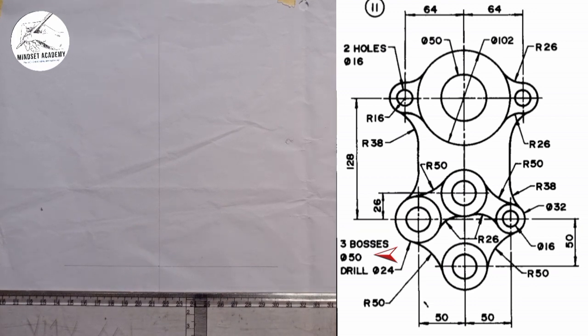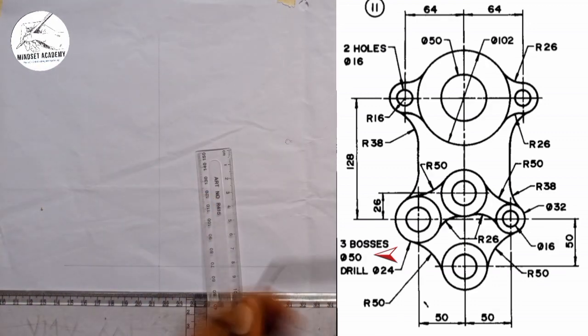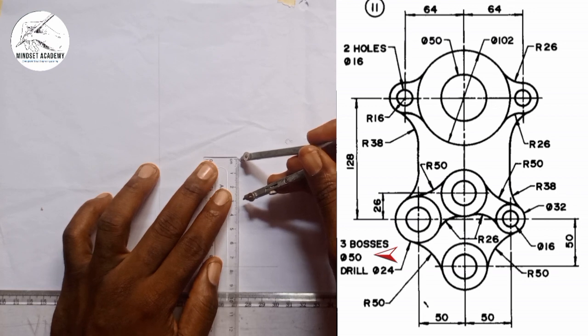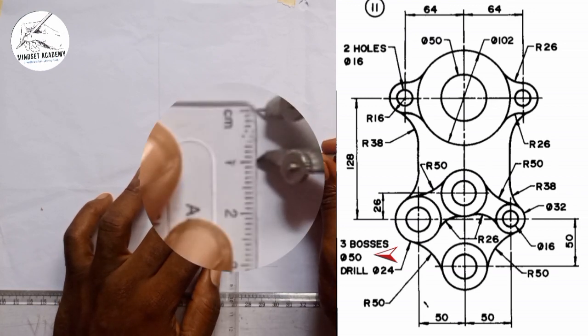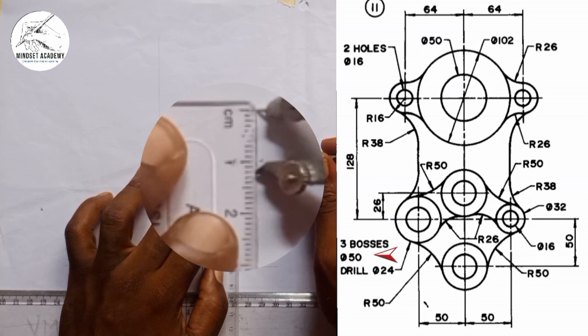So I'm going to measure 12.5 on my meter rule. If I place my meter rule this way, I'll measure half of it, which is 12.5, from 0. This is 10, this is 11, and this is 12.5 here.